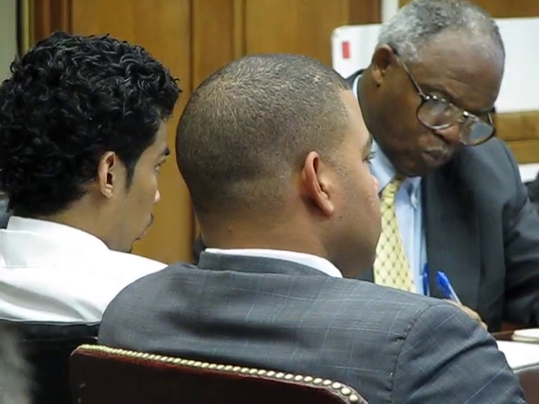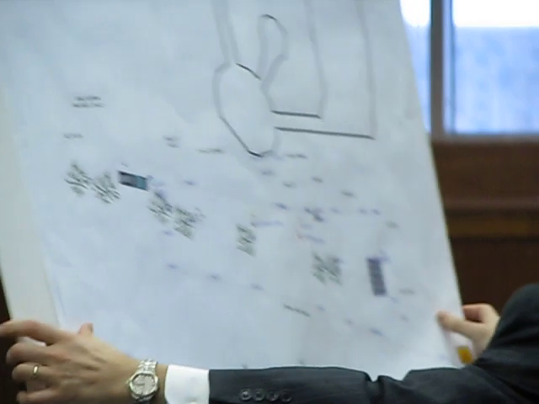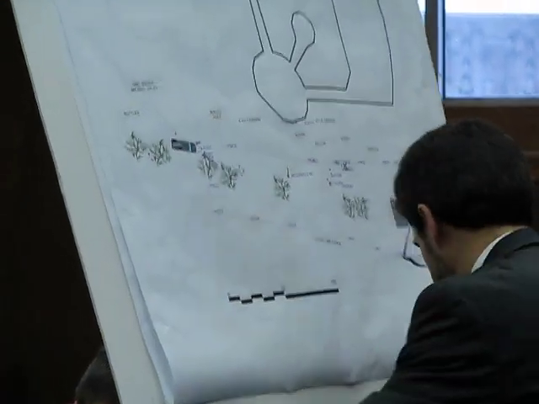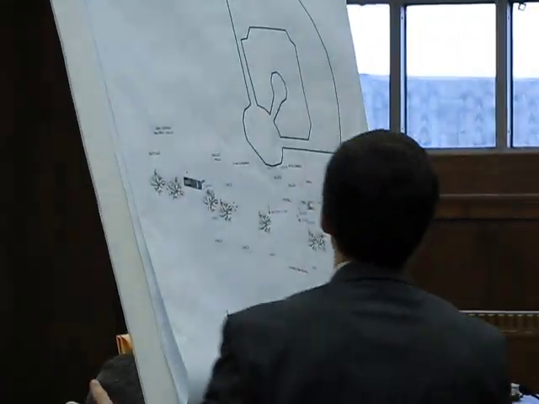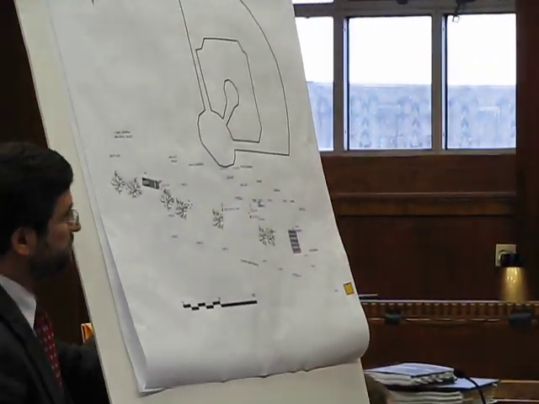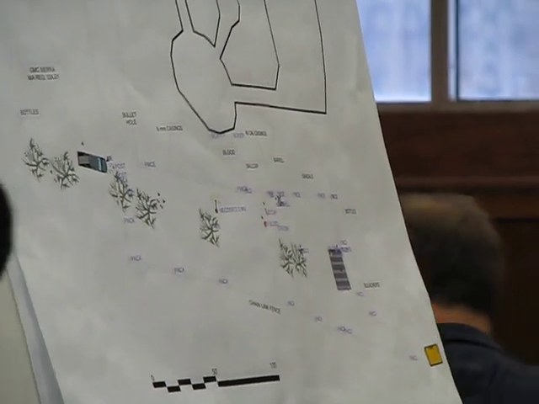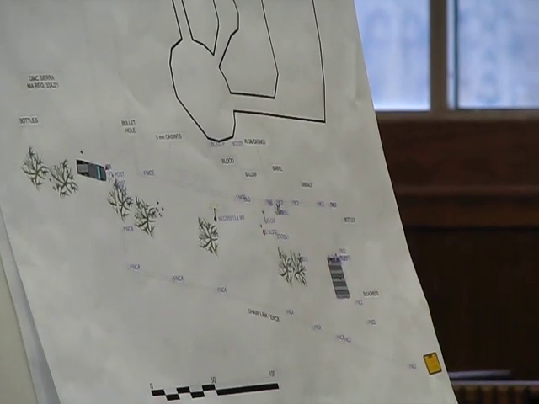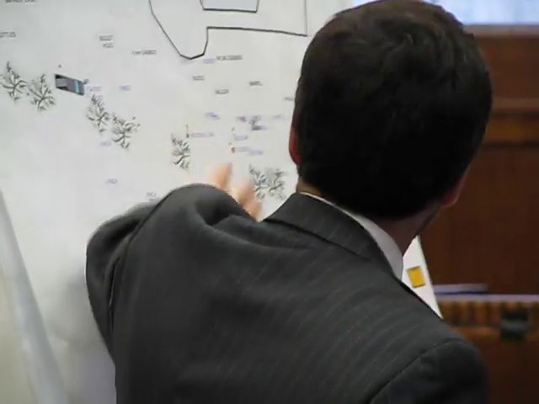I'm putting Exhibit 20 up in front of the jury. You recognize this as the drawing done by the forensic mapping personnel out at the scene that day? Yes. And do you know the distance from the front bumper to the blood spot? Off the top of my head, no. One could figure it out by measuring and using the key on the bottom, right?